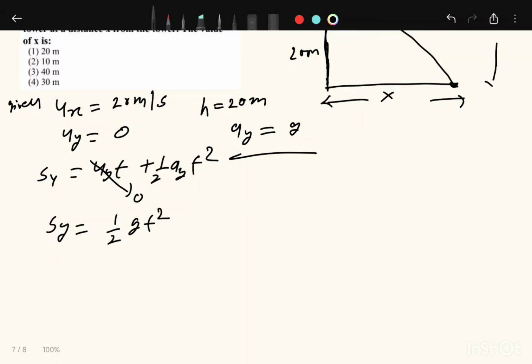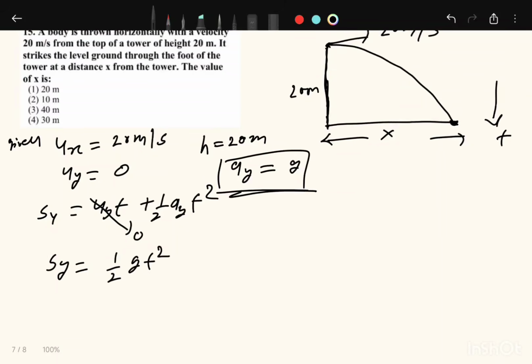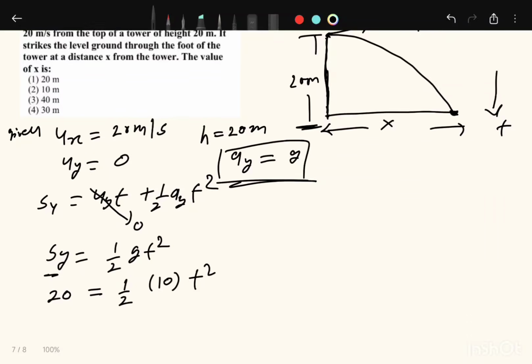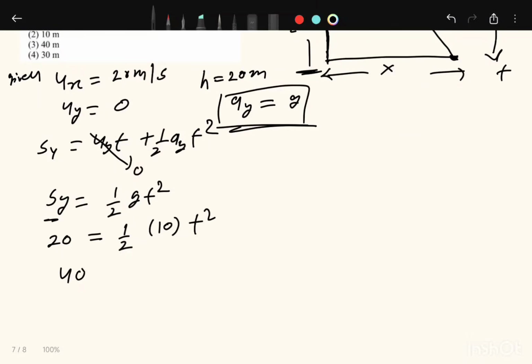Sy is this 20 meter height, because this is the displacement in the y direction. So it will be 20 meter equals 1 by 2, g value let me take 10, and t square. So we can find the total time it will take to reach the ground. It will be 40, so it becomes 4, and t will be the square root of 4, that is t equal to 2 seconds.